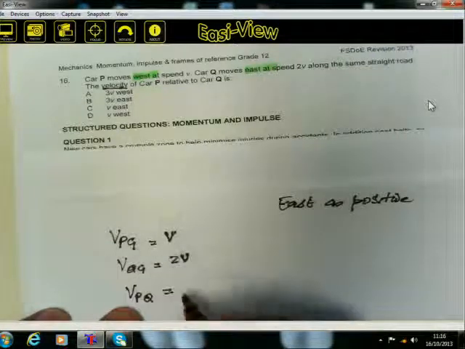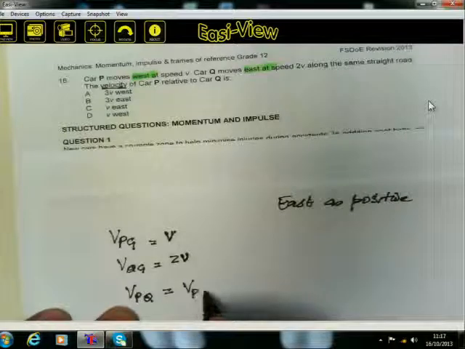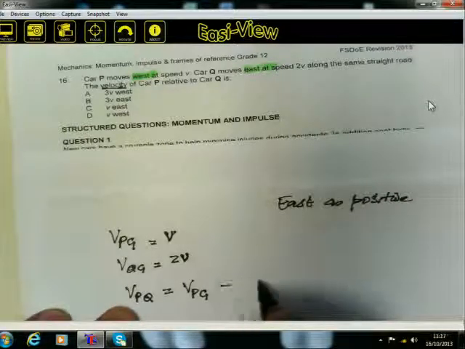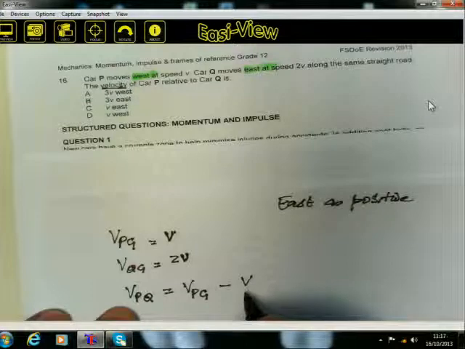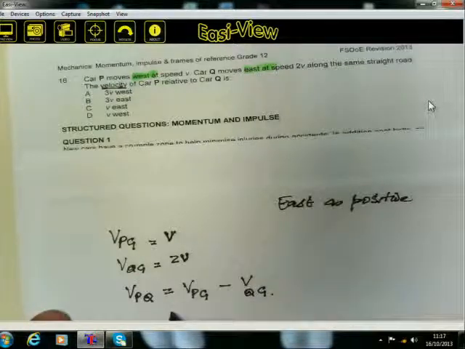The velocity of car P relative to car Q will be given by, so we use that formula, V P relative to ground minus V Q relative to the ground. Let's check in our substitution.